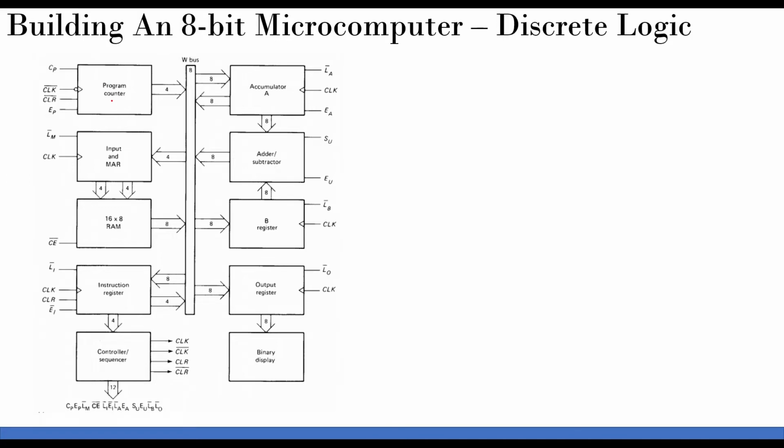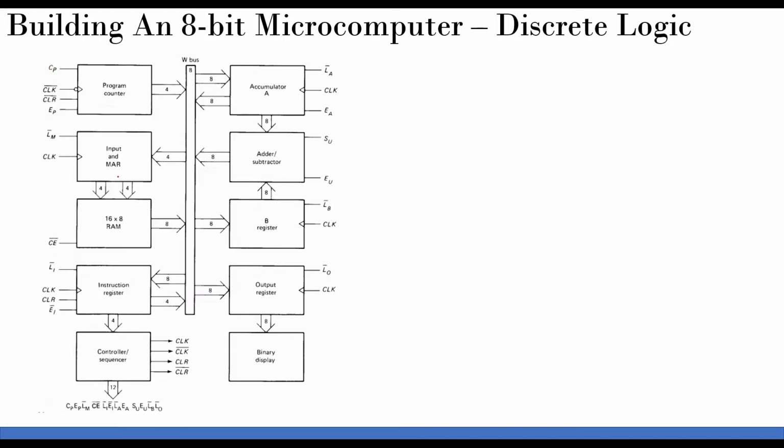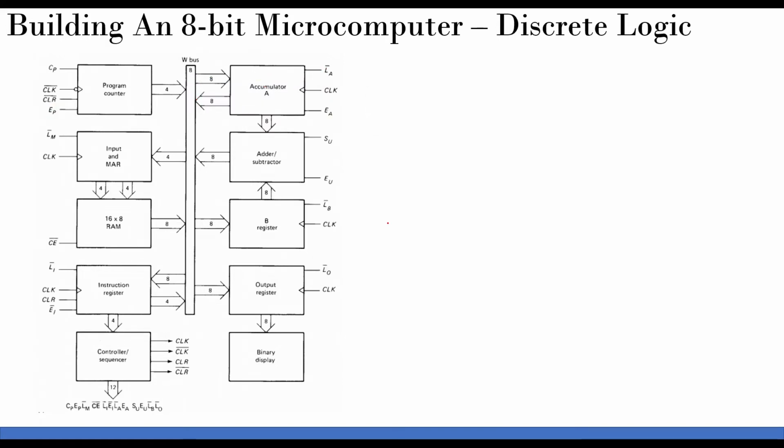On the other hand, whenever we are putting the data from the component onto the bus, it will be E. Similarly here EA means the accumulator is putting data onto the bus, and L for example is for the data going from the bus back to the component. So L and E mean load and enable respectively. Enable means you are enabling the data transfer from the component to the bus.